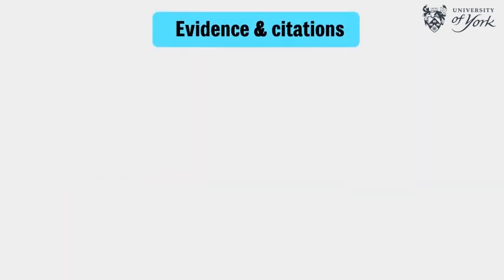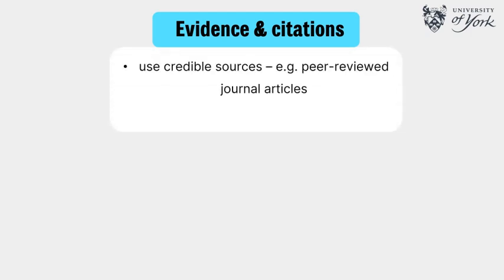Another key feature of academic writing is using evidence and correct citations, which helps to support arguments and claims with factual information. Credible sources may include peer-reviewed journal articles and books published by reputable publishers. You must include accurate citations and references to give credit to the sources used.